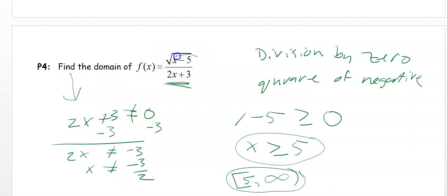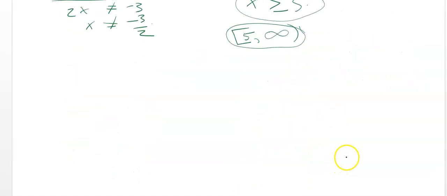So whatever's inside that radical has to be greater than or equal to 0. So I get x greater than or equal to 5, and then I can write that in interval notation. But if I look at that, I got x not equal to negative 3 halves. Well, if it's bigger than 5, it will never be negative 3 halves anyway, so we don't have to worry about that beyond that check.